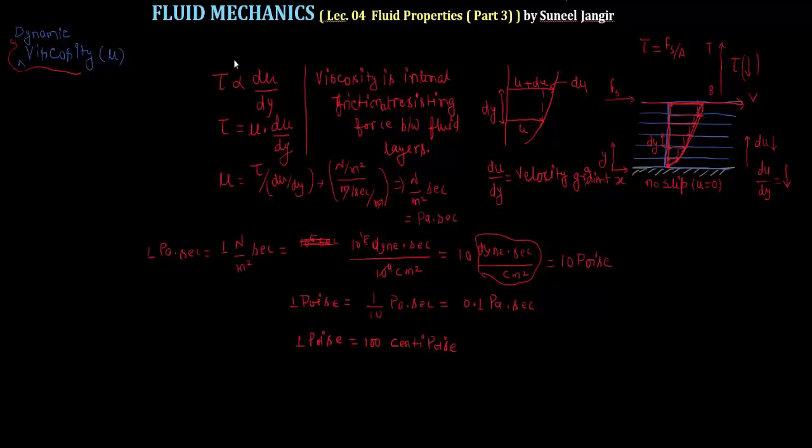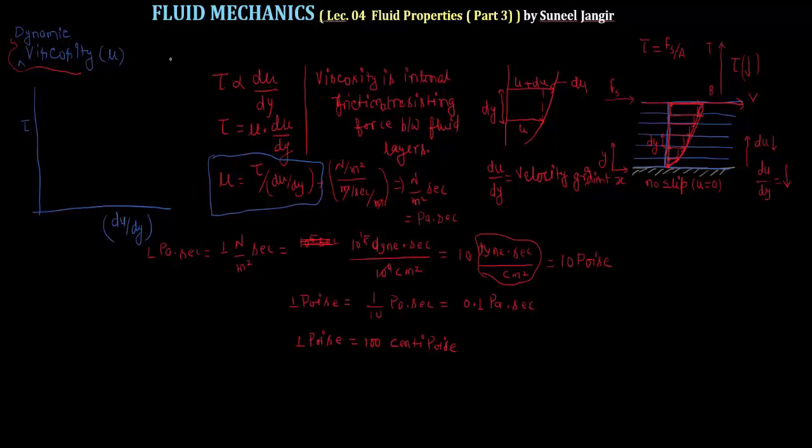Now let's see a little bit more. Look at this one: mu equals tau upon du upon dy. So I'm drawing a graph, taking tau on the y-axis and du upon dy on the x-axis.